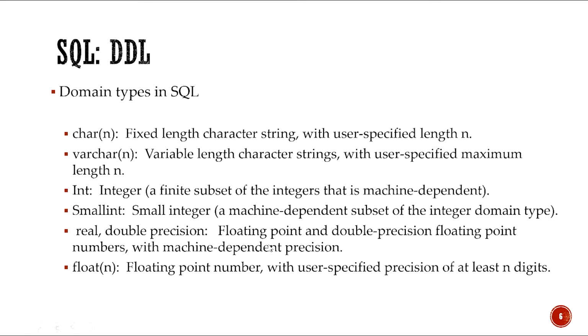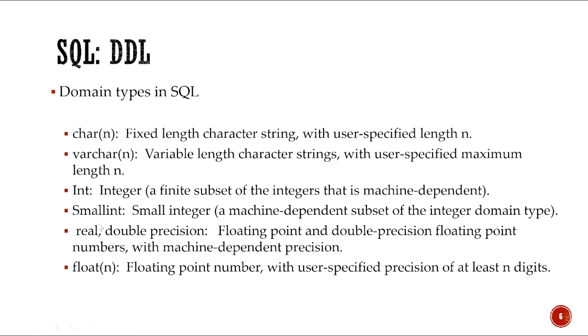In this slide, you can see domain types in SQL. Char of n is a fixed length character string with user specified length n. We can also have varchar of n, which is a variable length character string with user specified maximum length. The other data type is integer, which is a finite subset of integers that is machine dependent.